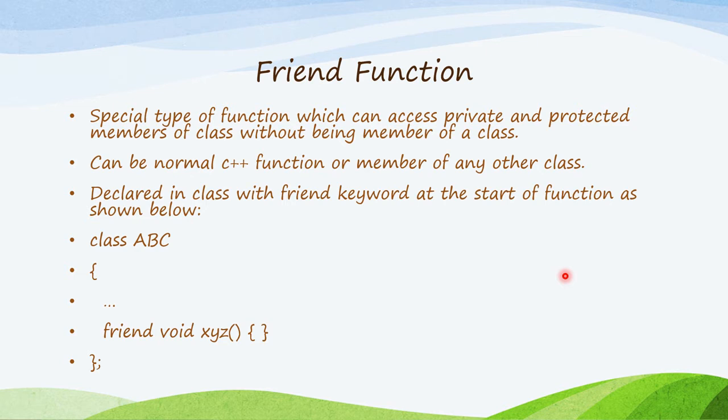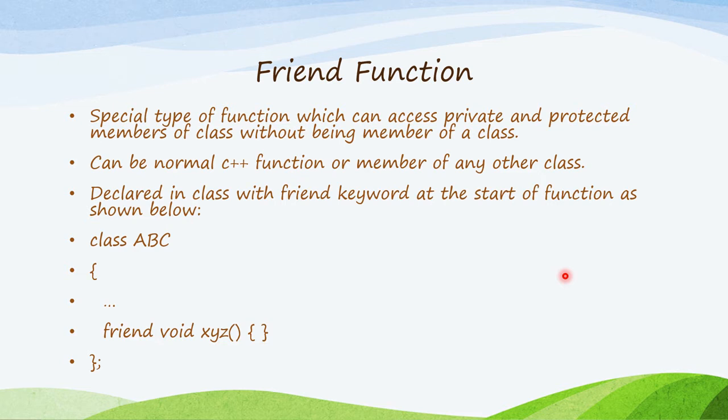The friend function is a special type of function which can access private and protected members of a class without being a member of the class. We have seen that private and protected members can only be accessed within the class by the member functions.